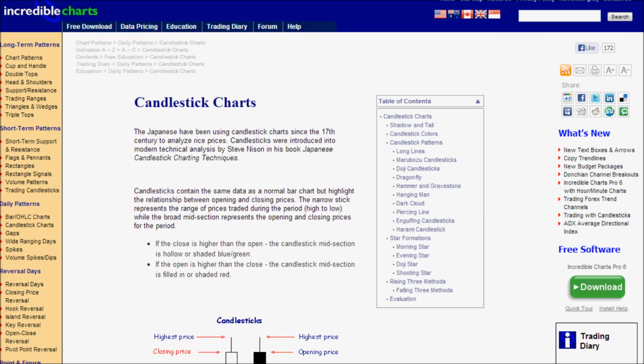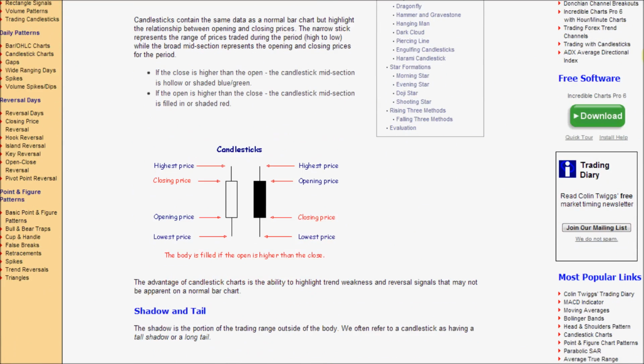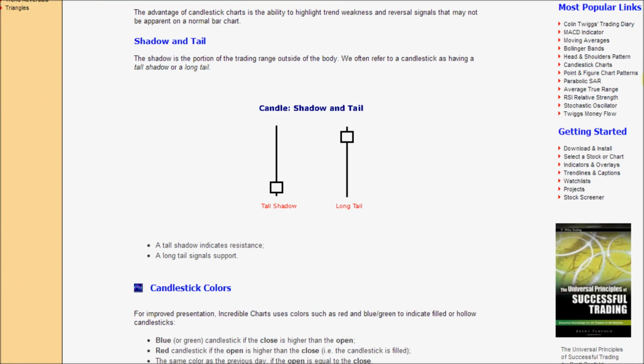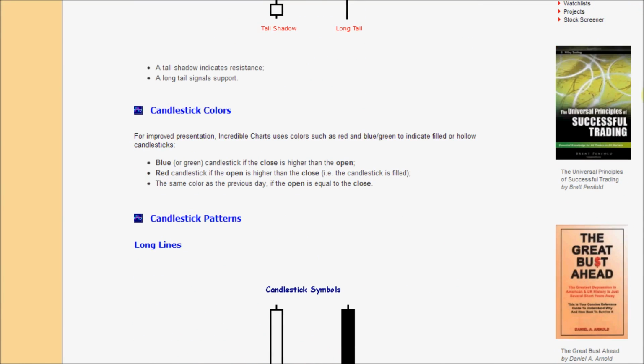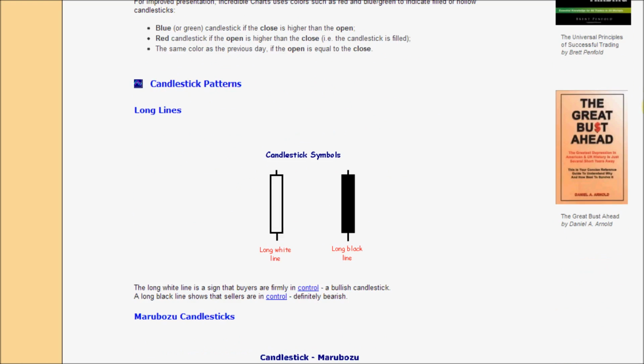And finally, we have IncredibleCharts.com, where they have a really good explanation of the basics, what candlesticks are. They talk about the shadow or the tail, what I call the wick. They talk about the significance of the colors of individual candlesticks.